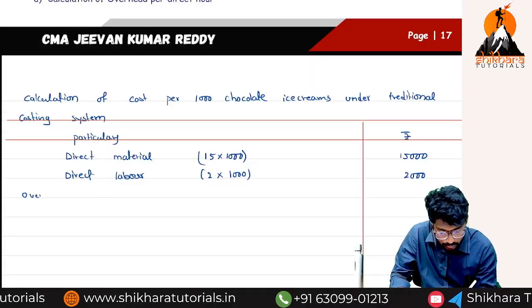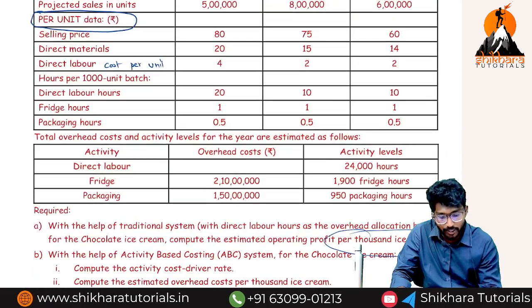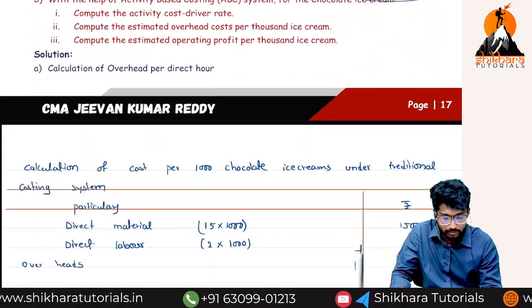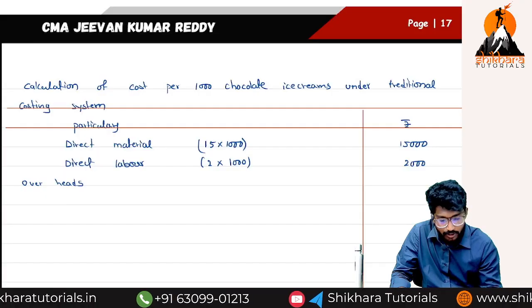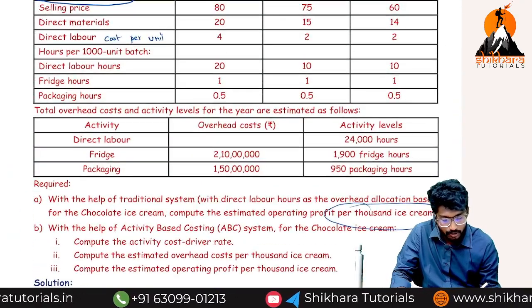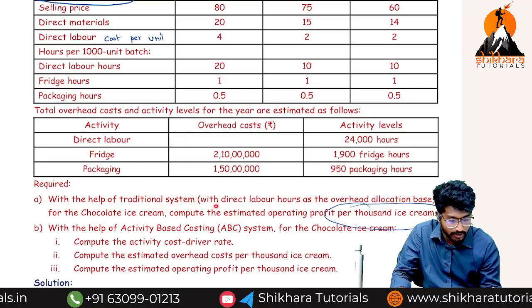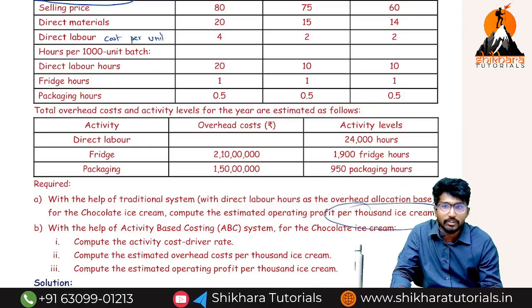Overheads. What is the first overhead we have? Fridge cost. Here, with the help of the traditional costing system, with the direct labor hours as an overhead allocation base, we are using which base?